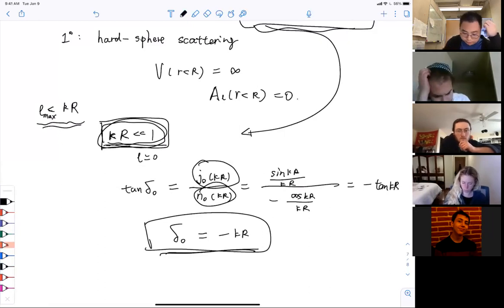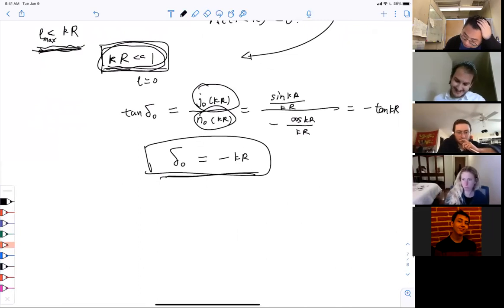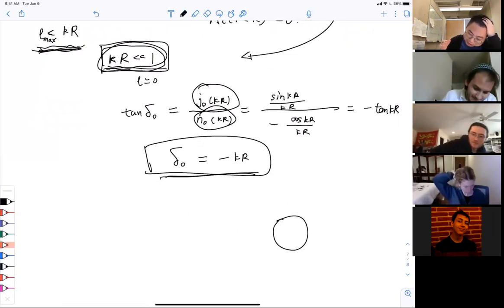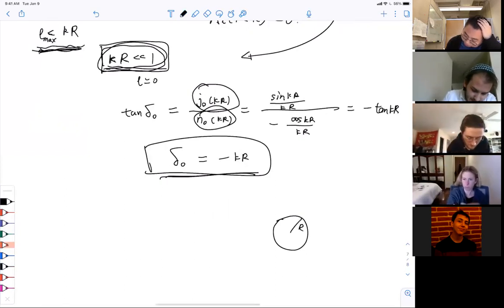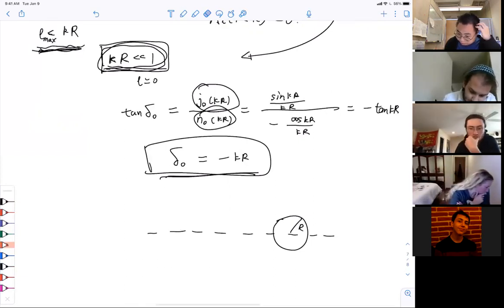Did you guys derive something like this in the class? Okay, so basically the intuition is also very simple. Imagine we have R, and this is the incoming particle. This is a very semi-classical picture, but very intuitive. It's not very rigorous, but it gives you some intuition.